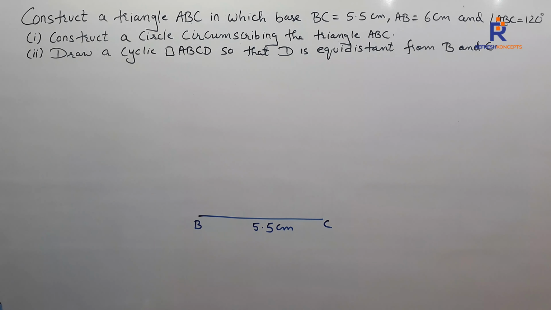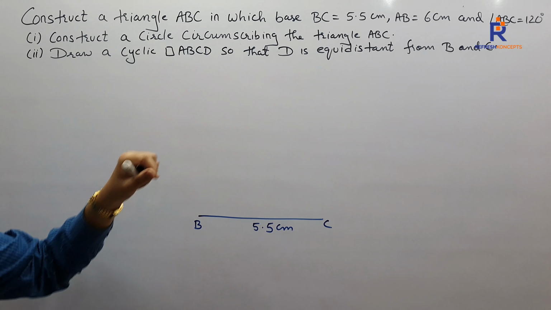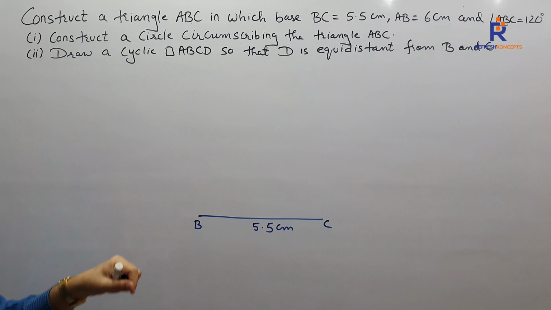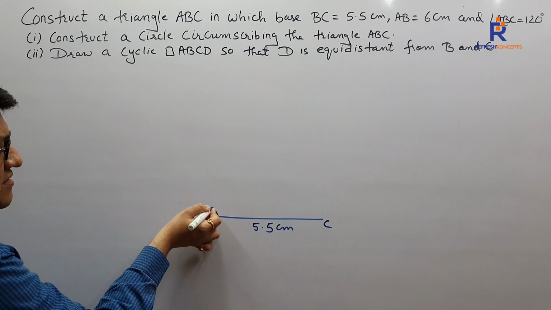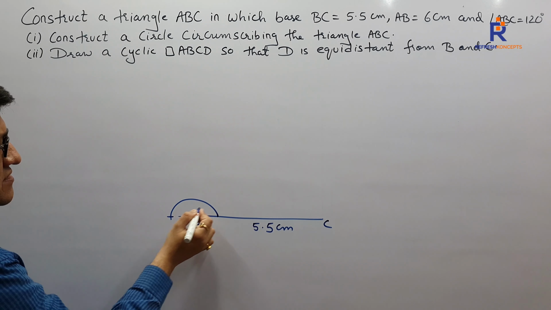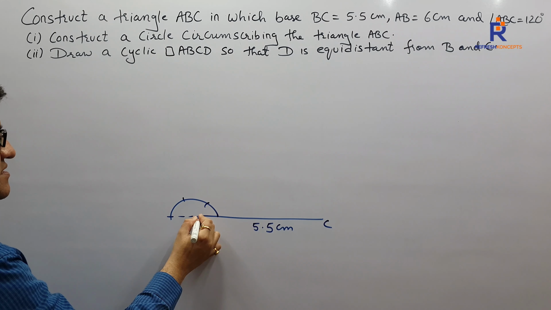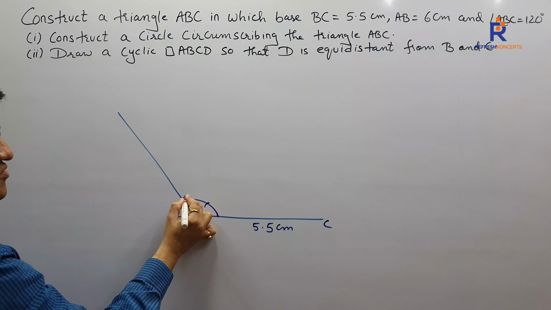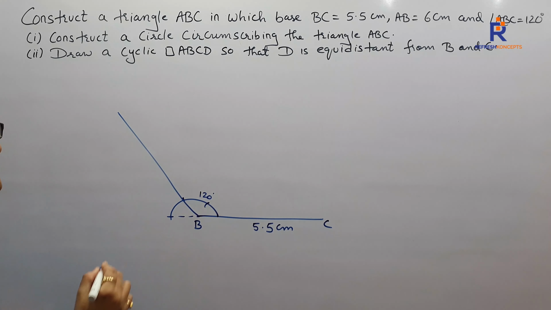What next? AB is 6 centimeter, but angle ABC is 120 degree. With an angle of 60, 120, you go for it. Is this 120, children? Indeed, yes.